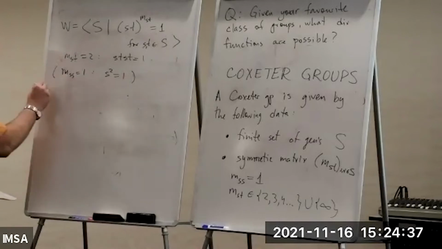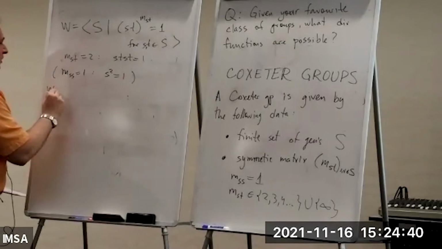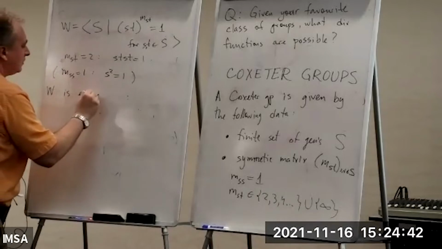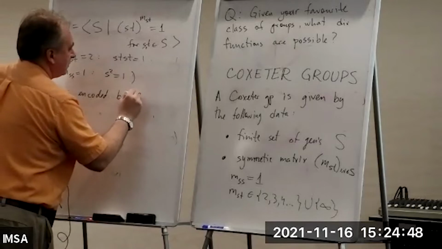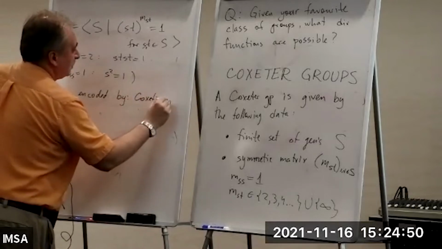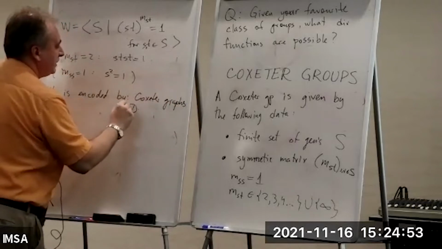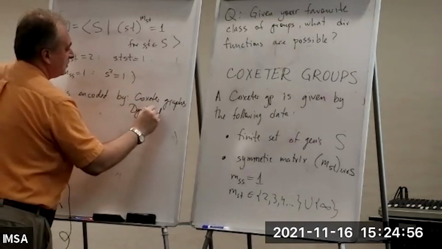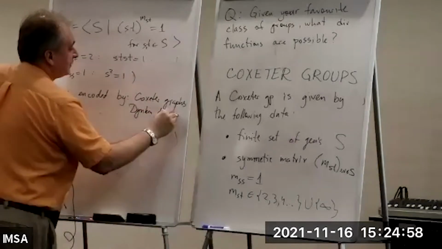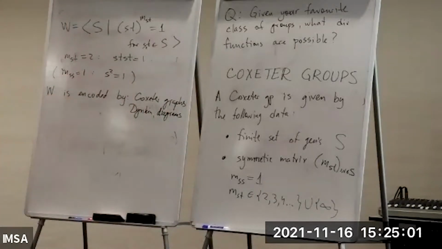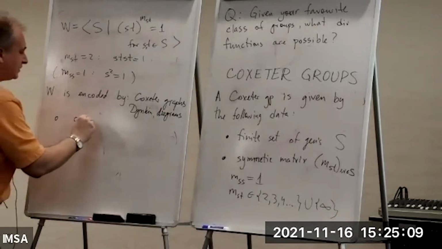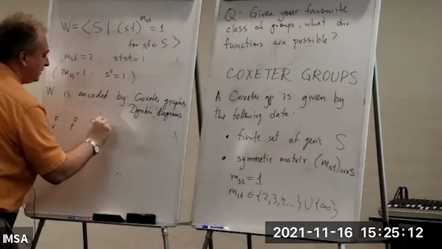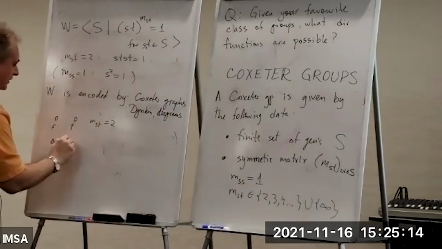So it is encoded by the so-called Coxeter graphs. Sometimes they are called linking diagrams, with very little difference. They are almost the same. So if m_st equals 2, the two vertices, s and t, are disconnected. If m_st equals 3, they are connected with one edge.